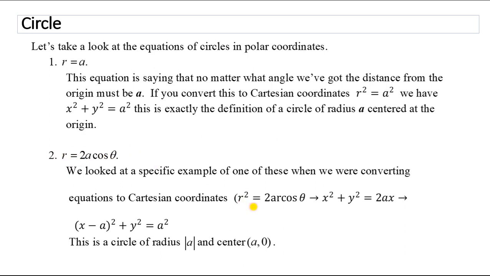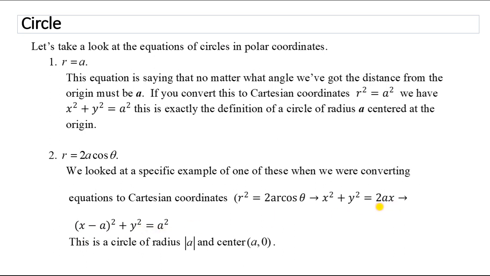Thus r squared equals a r cosine theta, which means r squared equals a x, where r squared is x squared plus y squared.